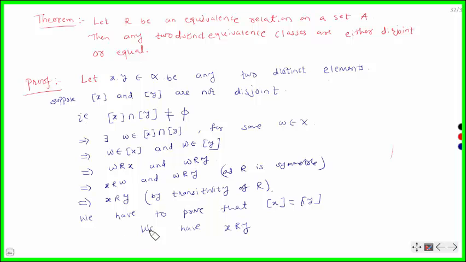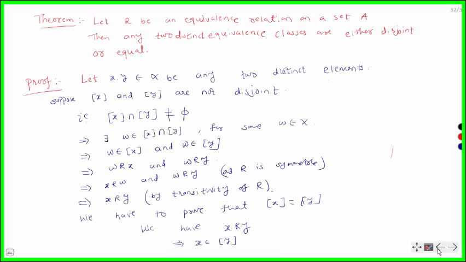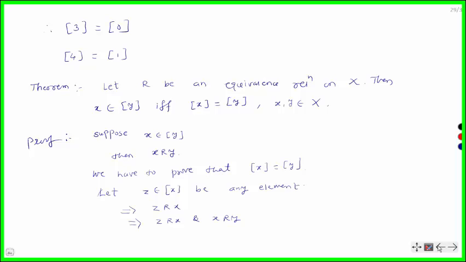we can see that x is R related to y means x belongs to the equivalence class of y. So by using the previous theorem, x belongs to the equivalence class of y, then we must have the equivalence class of x equal to the equivalence class of y, because we have already proved that if x belongs to the equivalence class of y, then the equivalence class of x and the equivalence class of y are one and the same.